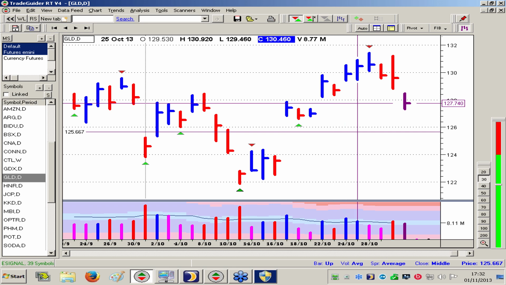But now you've got no demand up here. That red bar looks a weak bar to me. Whenever you see a down bar with a high higher than the previous bar, and it closes down like that, it's not usually a healthy sign at all. So I would definitely not be interested in doing anything with this stock at all.